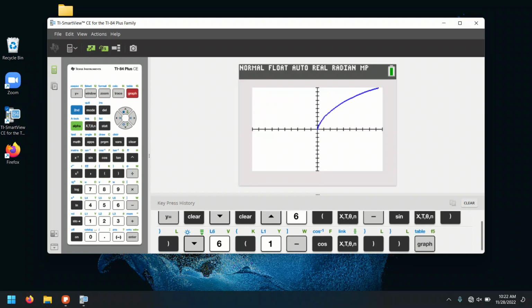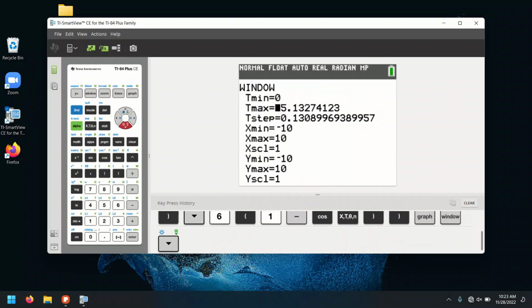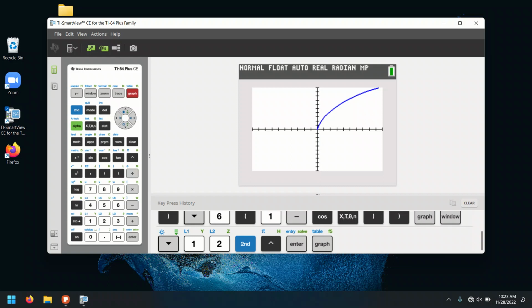Well, we're not going to be able to see the whole graph because of the window, so we need to make sure that we graph this between 0 and 12 pi. But what's 12 pi? Well, 12 second pi, and graph. Well, for whatever reason, it didn't go through. I don't know why.